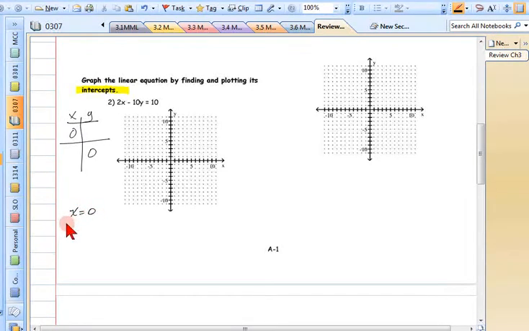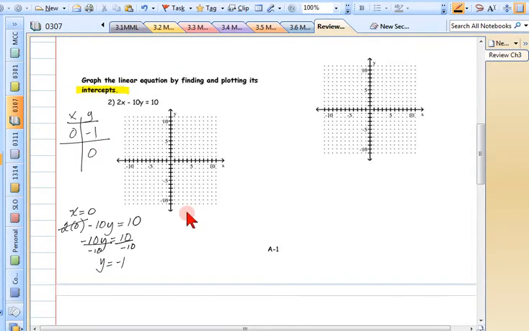If x is 0, I have 2 times 0 minus 10y is equal to 10. 2 times 0 is 0, so I just have negative 10y is 10. Divide by negative 10, and y is negative 1. So the y-intercept is at 0, negative 1.